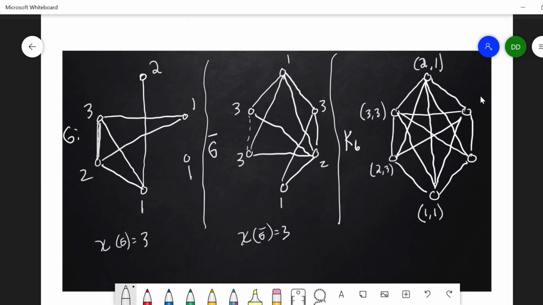1, 3, this, and then over here I would have 1, 2. So, right, notice that this is now a proper coloring of Kn.